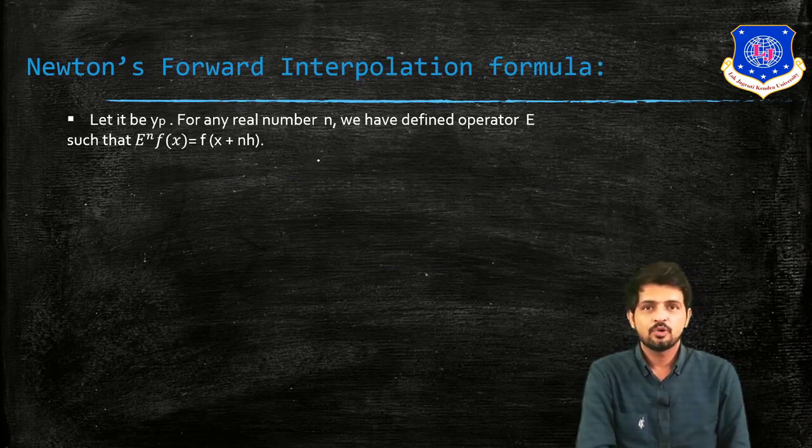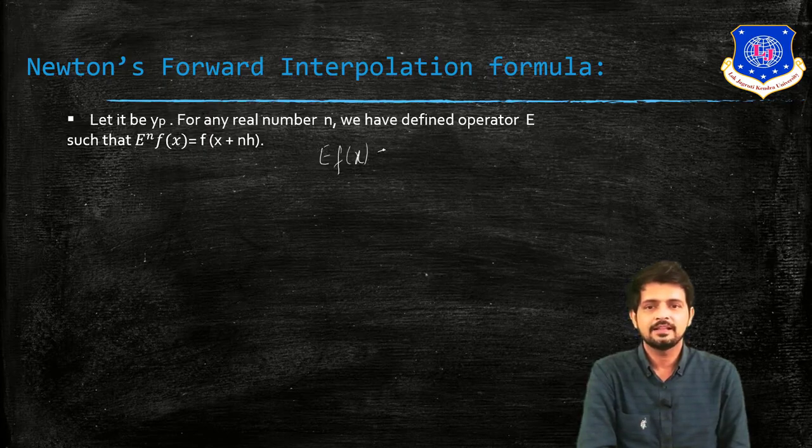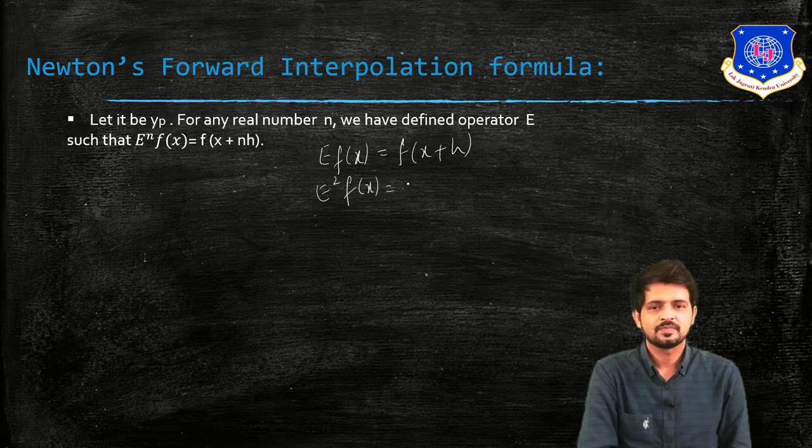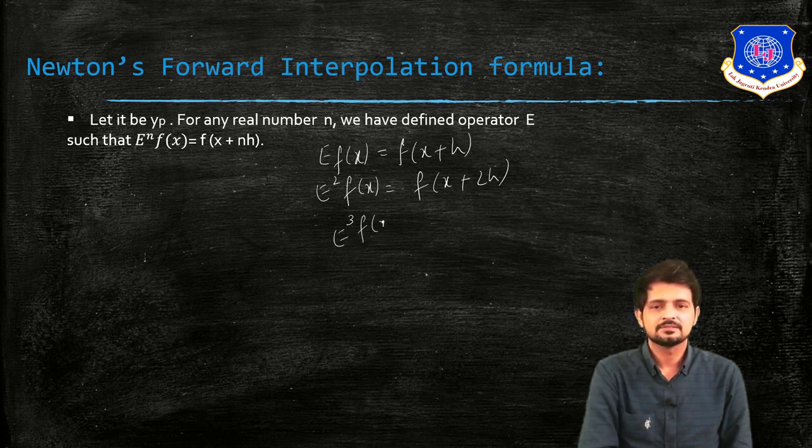Okay. See, before going further, we have to define one operator, and that operator is known as the shift operator. If I am writing E f of x, then my function value will be shifted to f of x plus h. If I am writing E square f of x, then my function value will be shifted to x plus 2h. If I am writing E cube f of x, then my value will be shifted to x plus 3h.